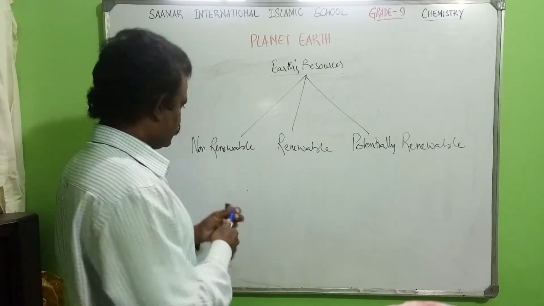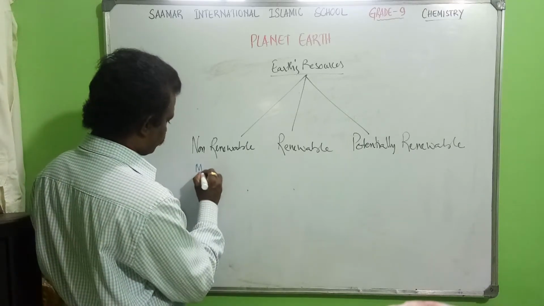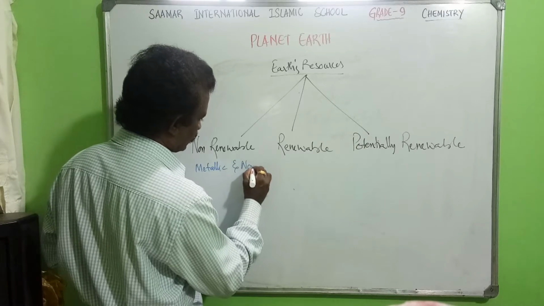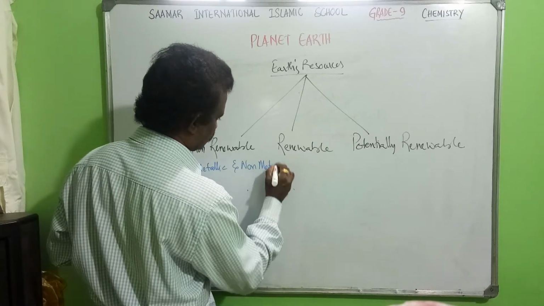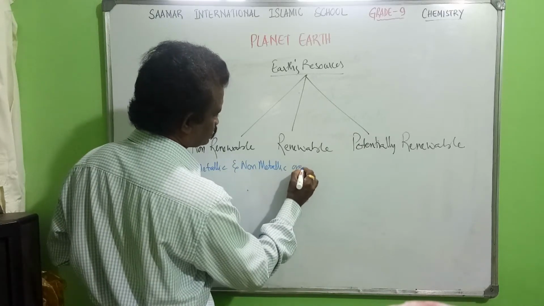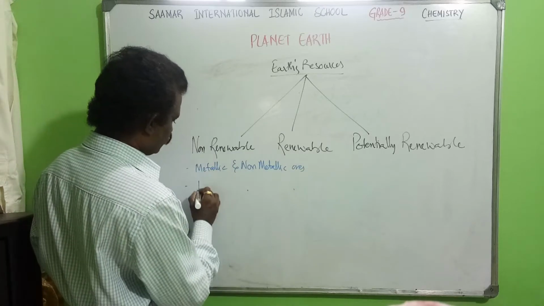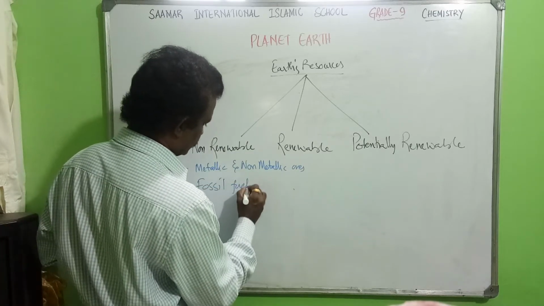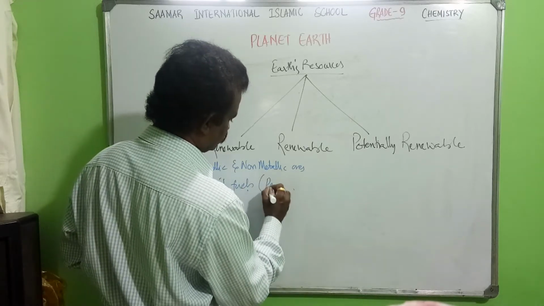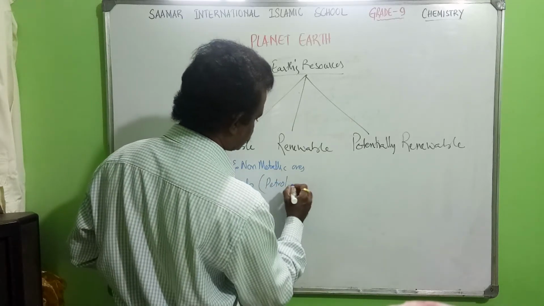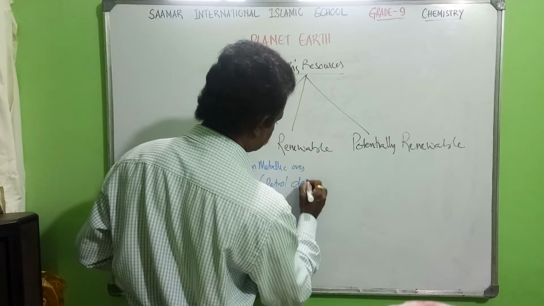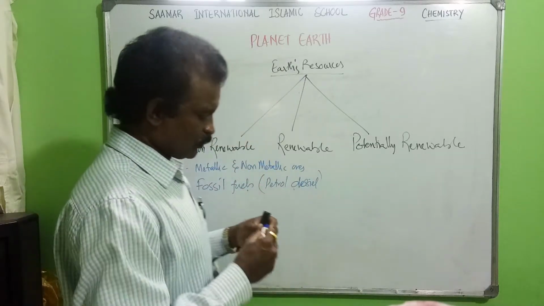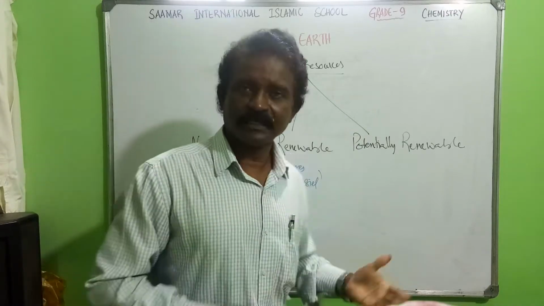Correct? Fine. For example, I'll write metallic and non-metallic ores, fossil fuels like petrol, diesel. These are the examples. Now once you start using them, they get exhausted.